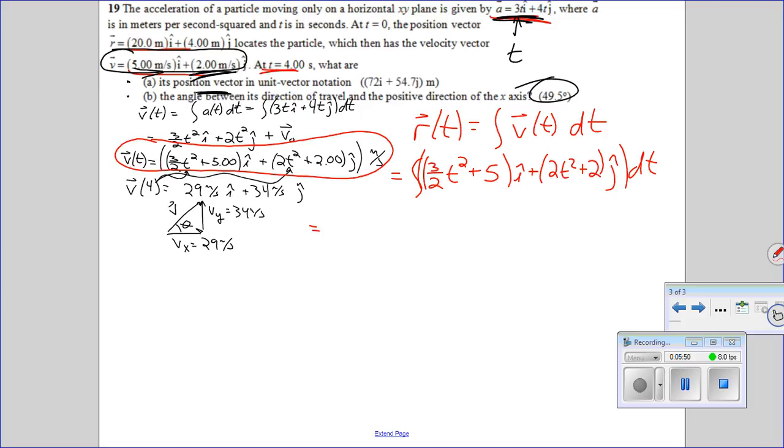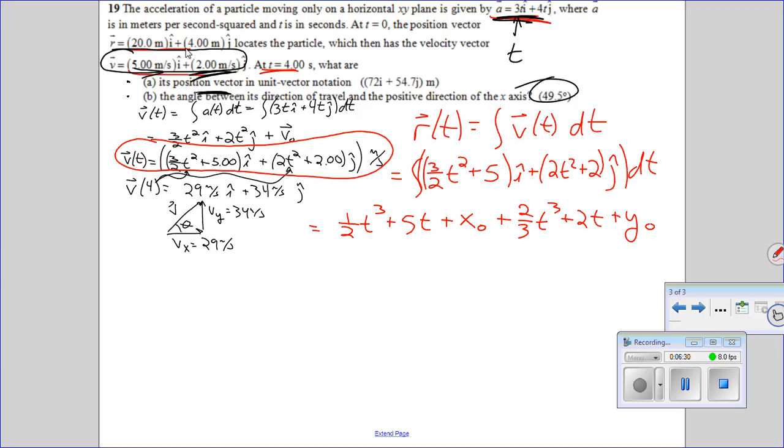So I'm going to integrate this mess. My exponent needs to go up to 3, so it looks like I'm going to end up with 1/2 t cubed plus 5t plus some beginning x position, plus 2/3 t cubed plus 2t plus our starting y position, right?